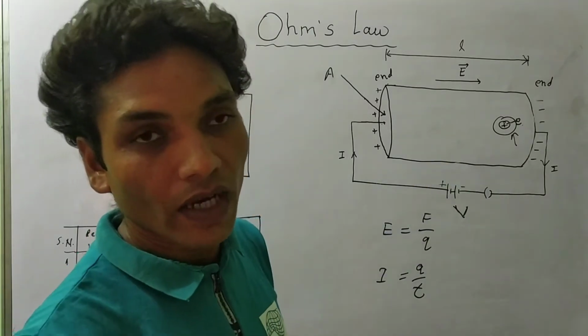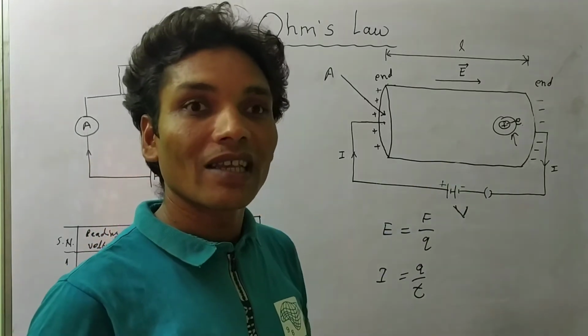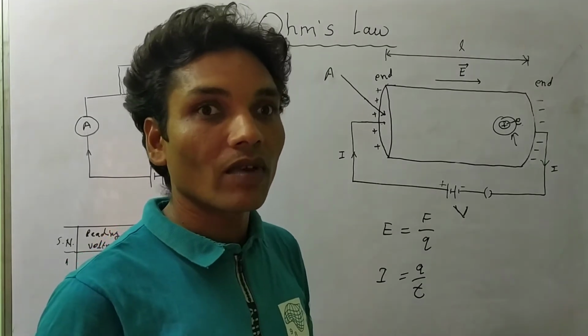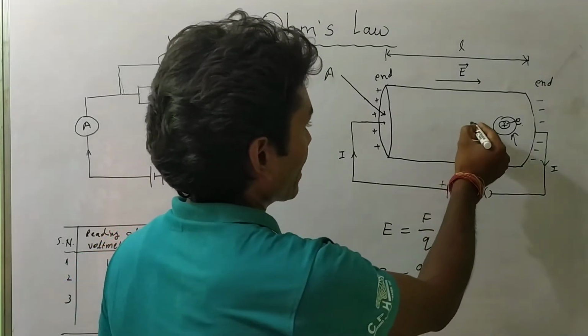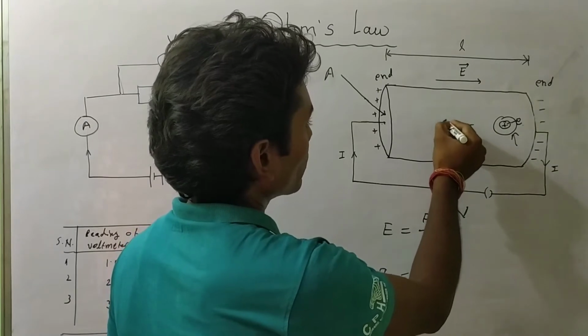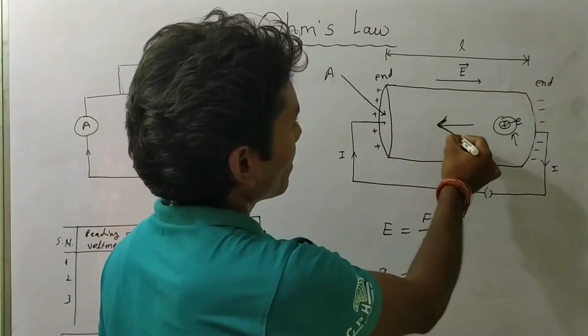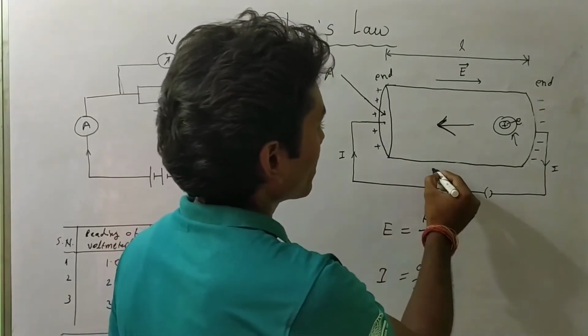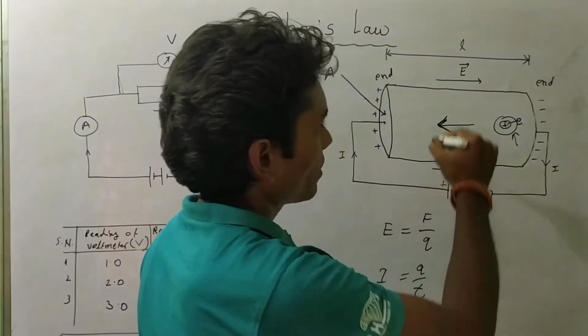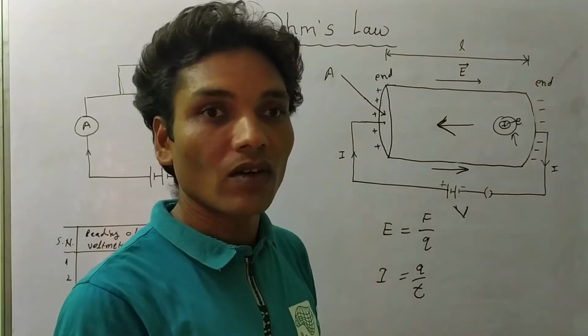The direction of current is opposite to the direction of motion of electrons. The direction of motion of electrons is this, so the direction of current will be opposite to it.